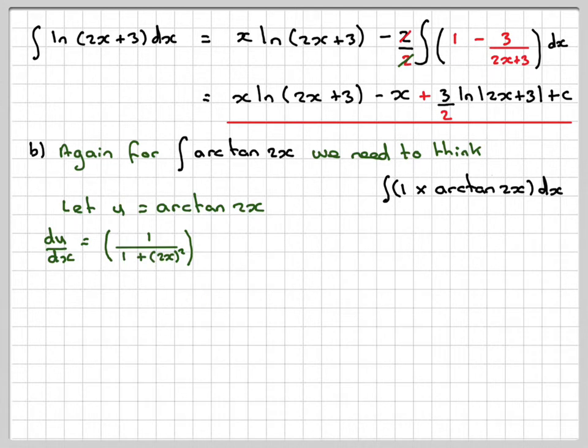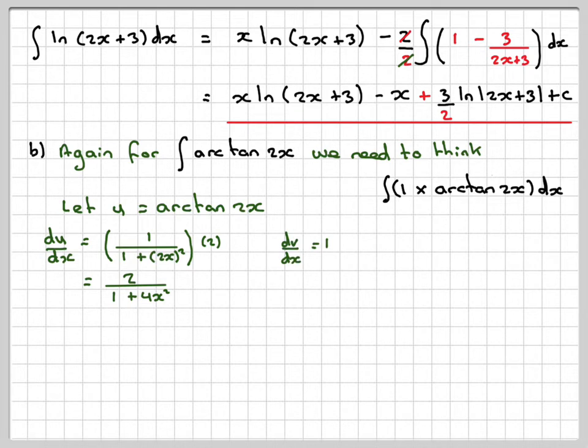And because of the 2 there, we have to put an extra 2 at the top. All right, in fact, it gives you a 4, so that's why you need the extra 2 at the top. So that gives me 2 over 1 plus 4x squared. If you're not sure, just stop the video here and try and practice differentiating this for yourselves.